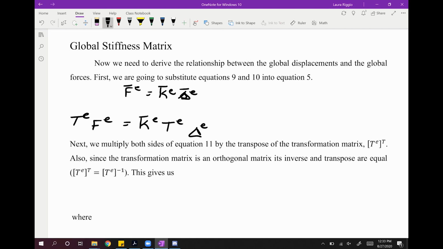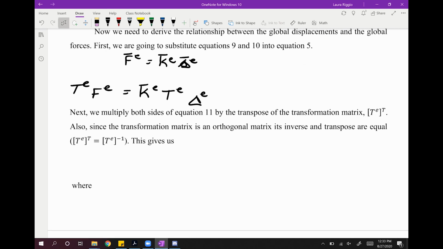And if we remember from linear algebra and linear systems, the way we're going to get rid of that is by multiplying the entire equation by the inverse or the transpose. In this case, they are the same. So I'm going to multiply everything by T transpose. So T transpose TF, let me put my little e's in here. It's going to be T transpose K bar T delta.